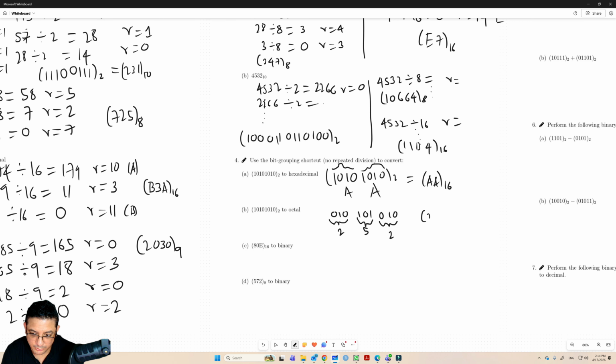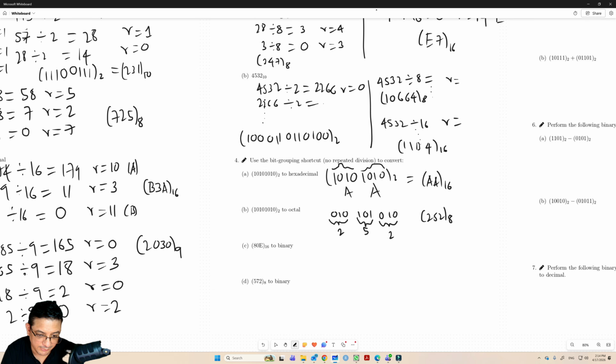So this will be 252 on base 8. Notice that the way that we do this is we have 0, 1, 0, 1, 0, 1, and then 0, 1, and we have a 0 in front that we don't have here, so we have this one here.